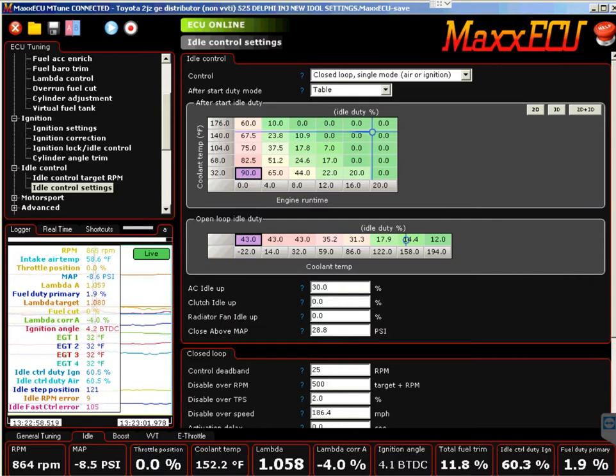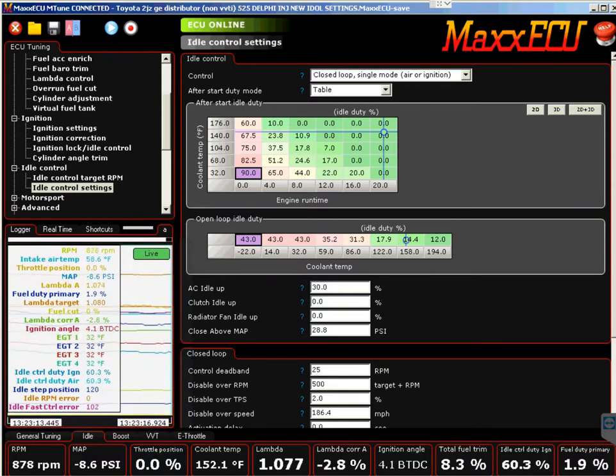Now the other thing is that right below that we have it set up as a table. Where do you see it controlling air and ignition? At the very top, where we have the idle control, it shows closed loop, single mode, air or ignition.